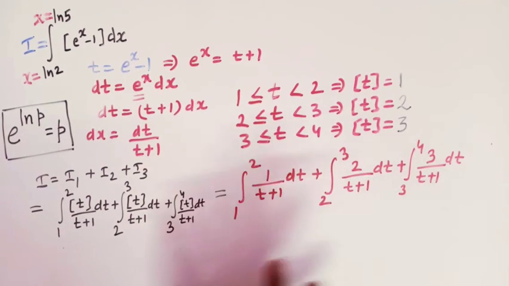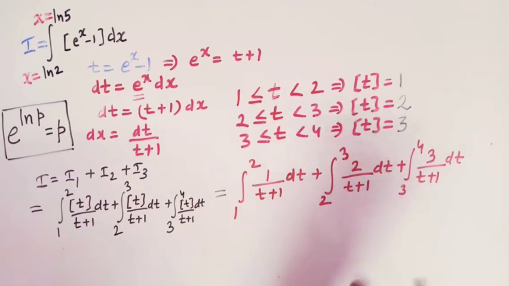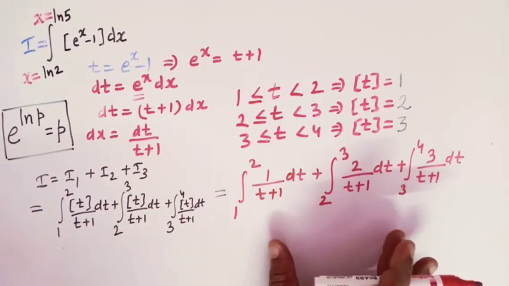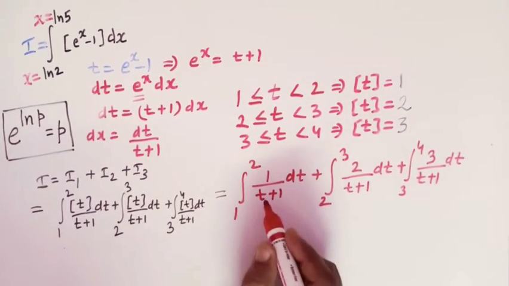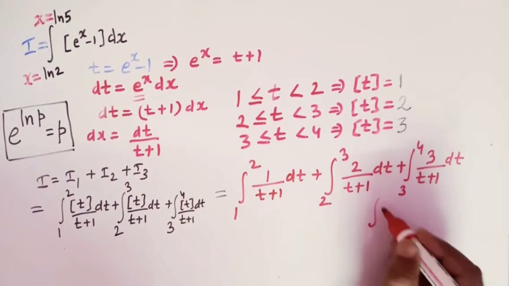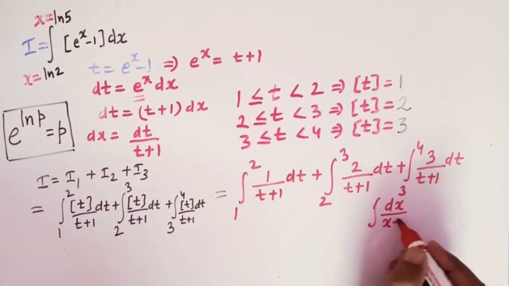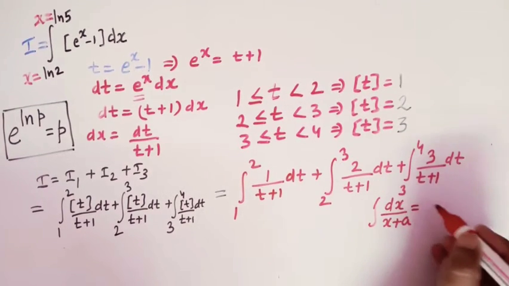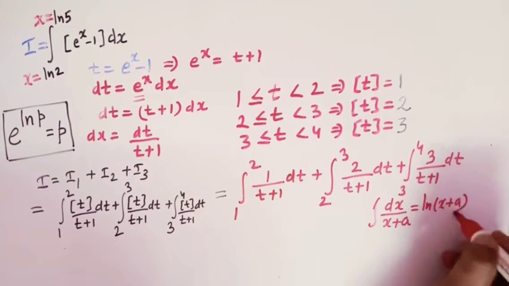Okay, so now these three integrals are reduced to these three integrals, and now here we can simply integrate these functions, and here we'll make use of the result that the integral of dx over x plus a is equal to log of x plus a, right?